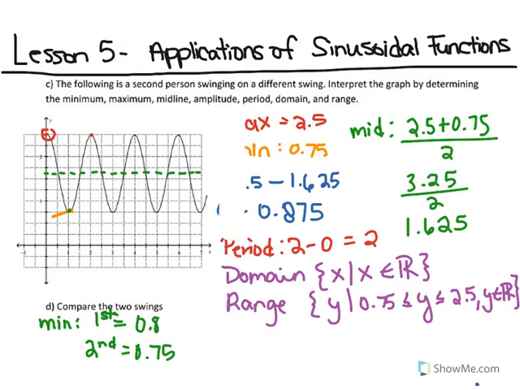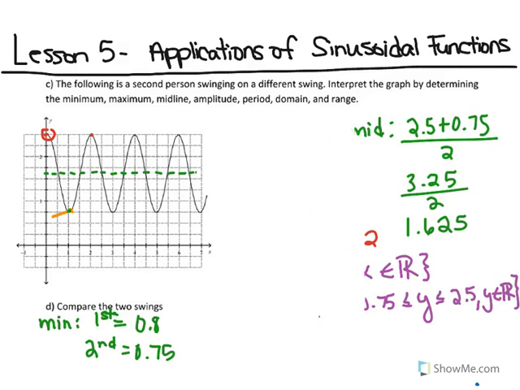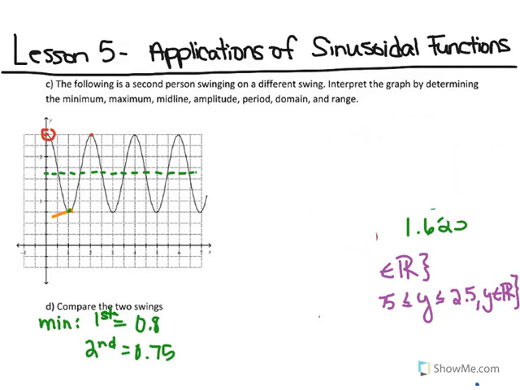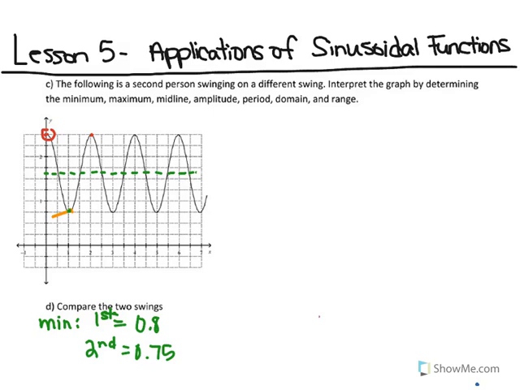So from this, it's easy for us to see that the second swinger is lower to the ground, which means that their chain on their swing is longer. Lower to the ground, longer chain.